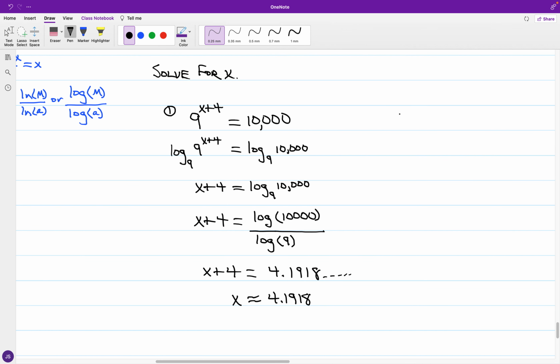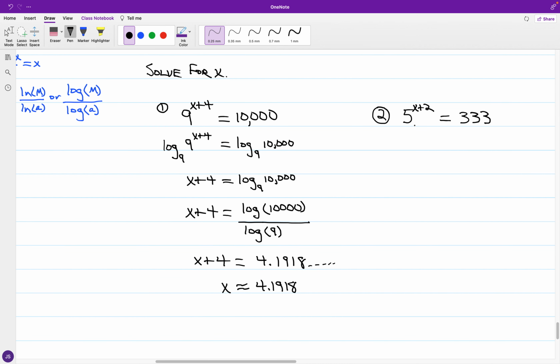Now let's say that we have 5 to the x plus 2 is equal to 333. So you've got the variable on one side.